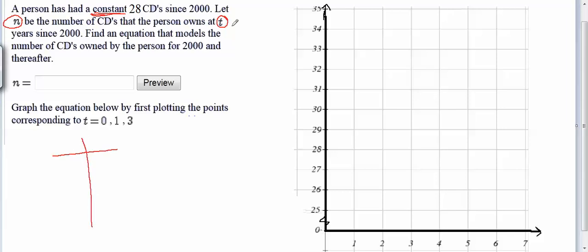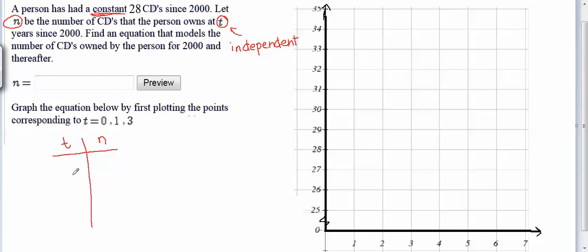So remember, t, the year since 2000, is generally going to be our independent variable, and if we're unsure here, we can always ask the question, well, does knowing how many CDs I have tell me what year it is? No. But does knowing the year tell me how many CDs I have? Yeah. The year is going to go on changing no matter how many CDs I have, so the t, the year, is the independent variable, and n, the number of CDs we have, is dependent.